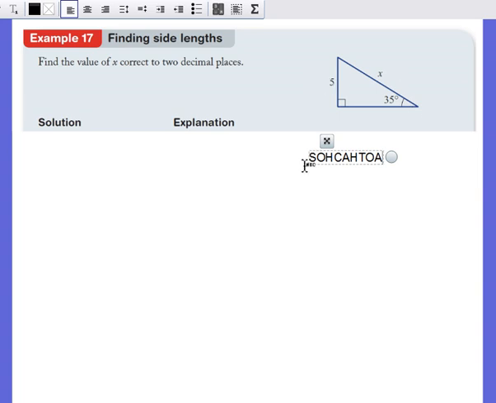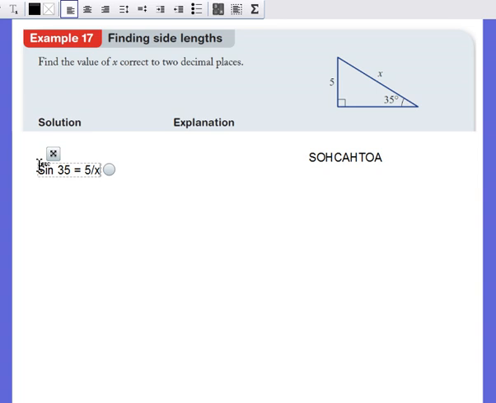So I can write out a true statement. This true statement says sine of 35 degrees is equal to 5 divided by x.